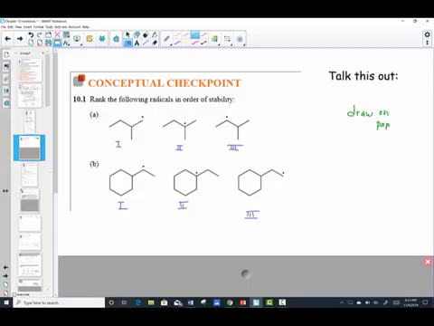And then tell yourself, what type of structures do we have? For instance, this carbon attached to the lone electron is attached to just one other carbon. We called that primary. This carbon with the lone electron is attached to three other carbons. Therefore, we know it to be a tertiary. And here we can see that this is a secondary.